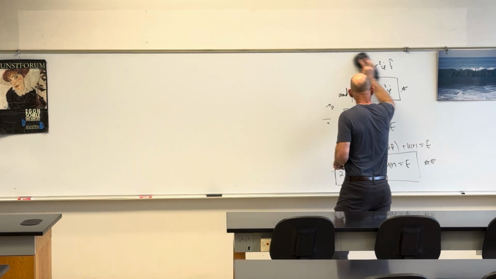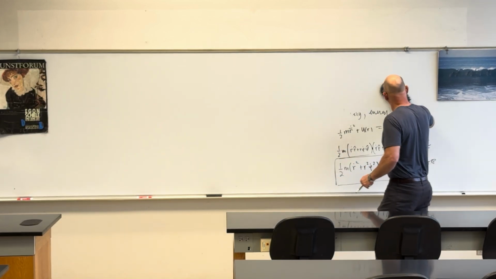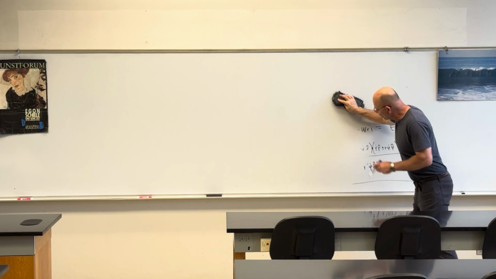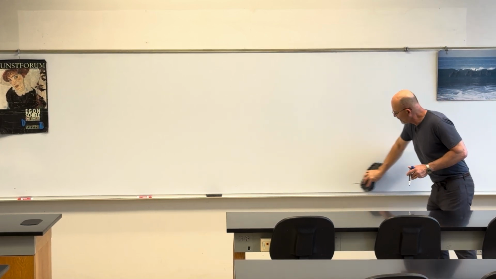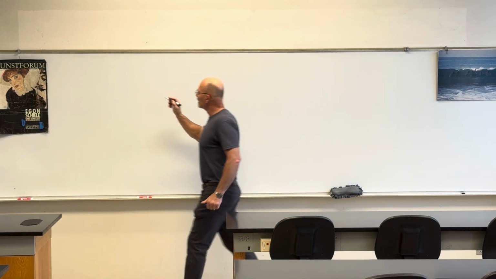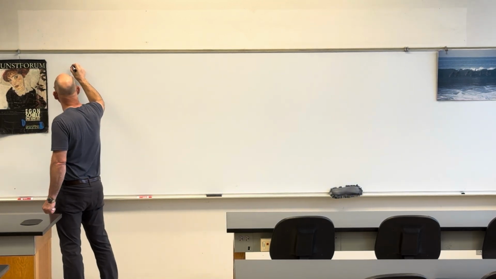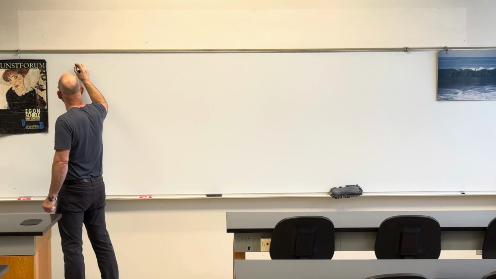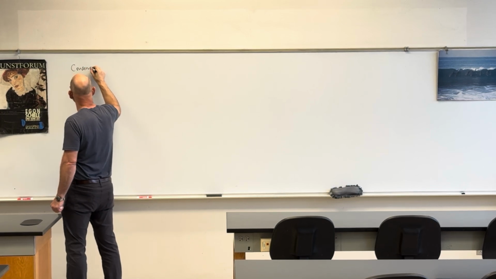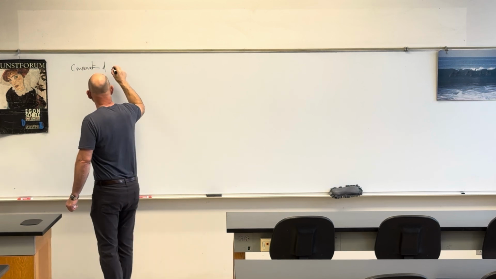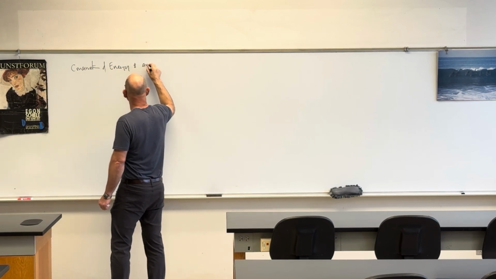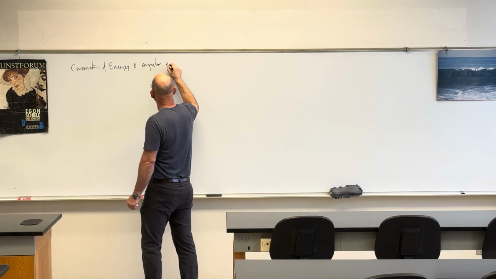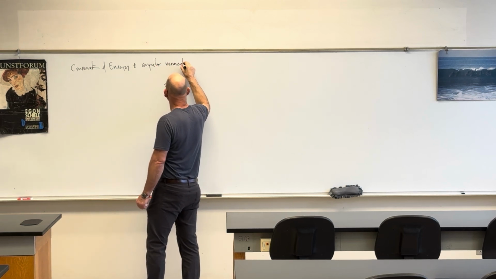So let's just rewrite these. We're now restricted to motion in the plane, central force, L and E are conserved. So now we'll just write conservation of energy and angular momentum. We'll write these down again and see what we can do. Okay.